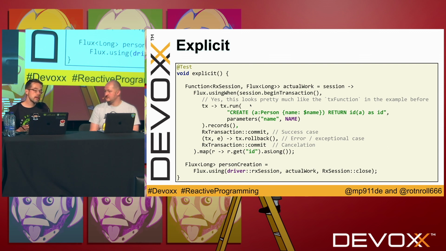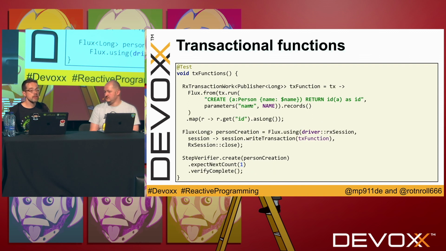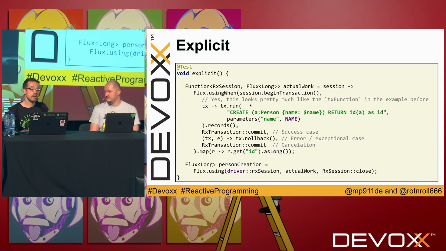To be honest, especially in the reactive world, the explicit transaction handling of our driver looks very similar to the transactional functions. I can refactor that code to extract the method I want to execute, but that explicit version here does not deal in the unit of work like we've seen before.